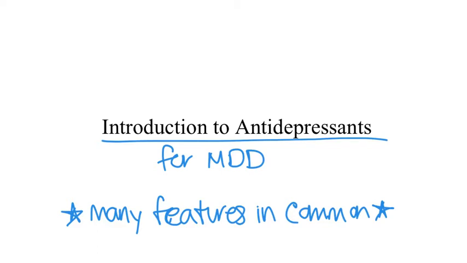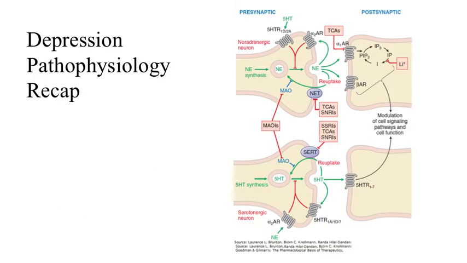Following this introduction, the next set of videos will cover specific antidepressant drug classes one by one. As a refresher, the pathophysiology of major depressive disorder includes two primary hypotheses: the monoamine hypothesis and the neurotrophic hypothesis.